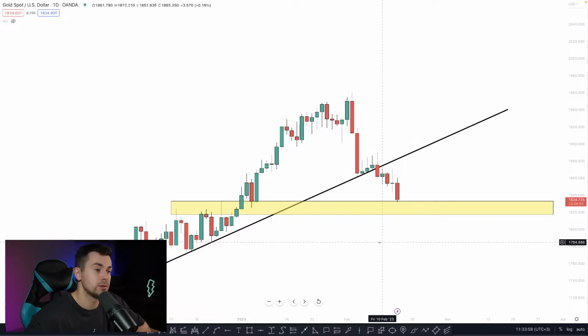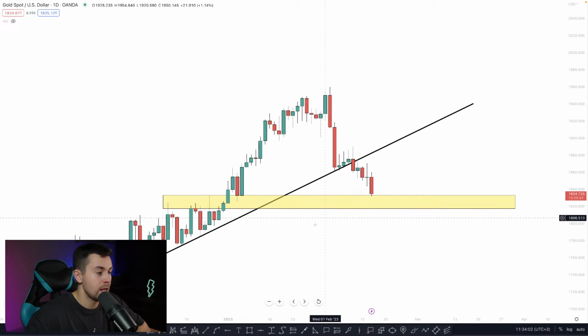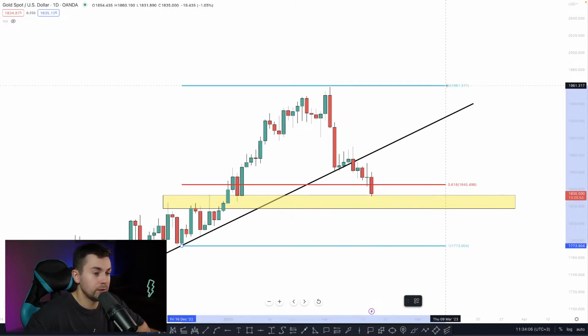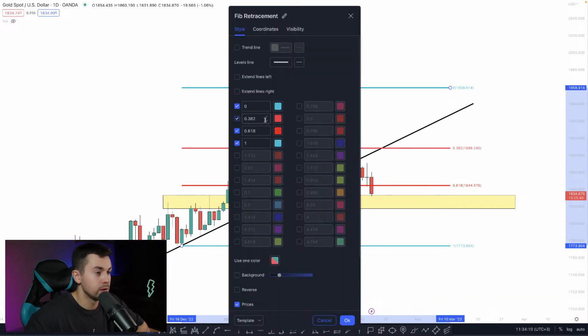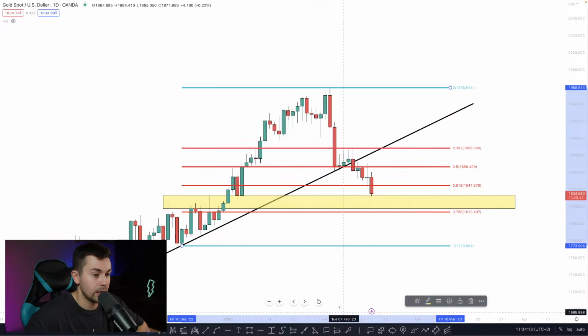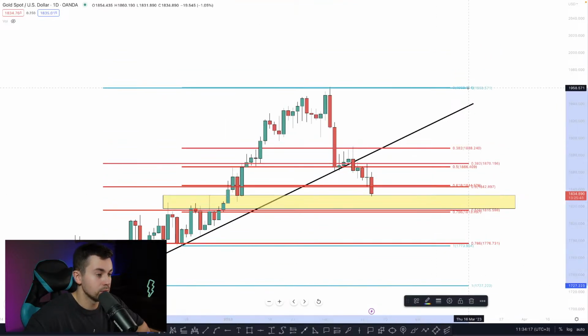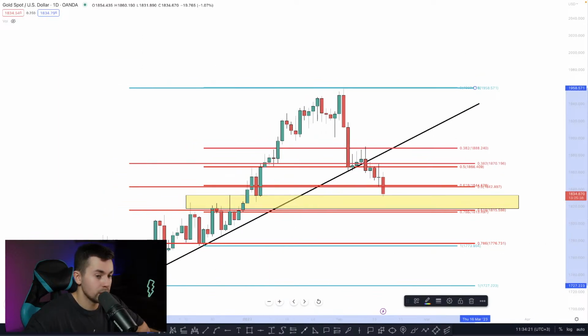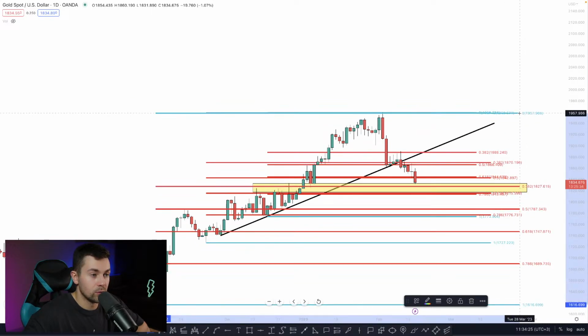By the way, let's add the Fibs into the equation and check if we have any confluence right here. To do that, I take the recent bullish impulses and simply add the fib retracements. I'll take that impulse right here as well, and let's also take the impulse over here.